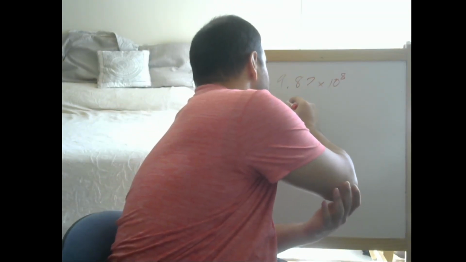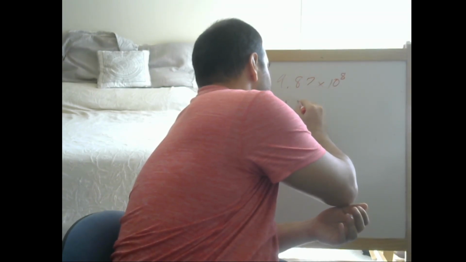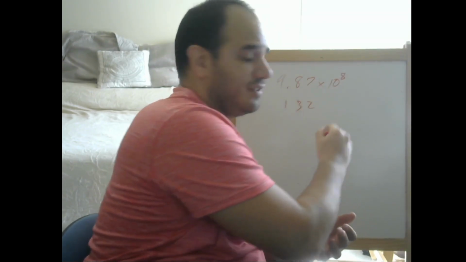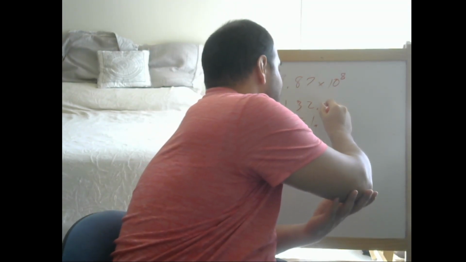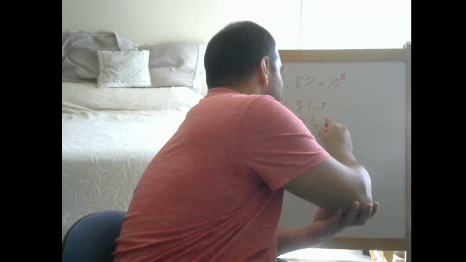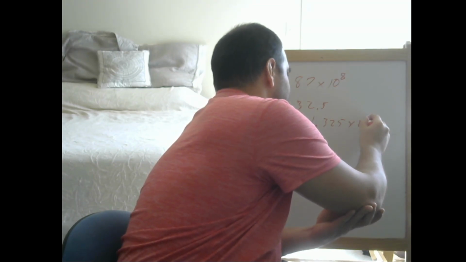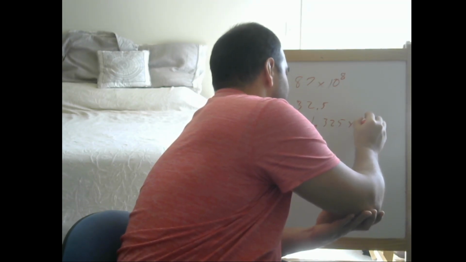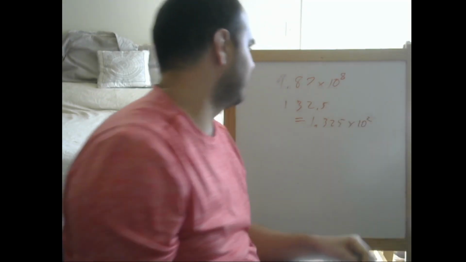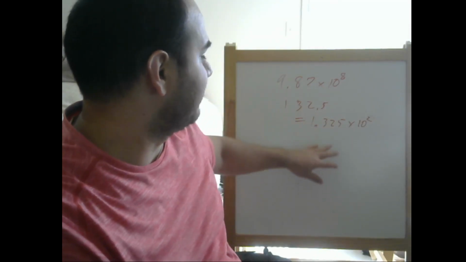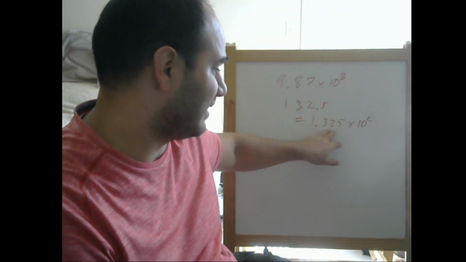So that the number 132.5, I want to slide it 2 to the right, so that it really blends everything in the scientific notation.